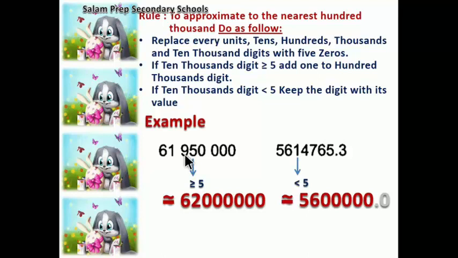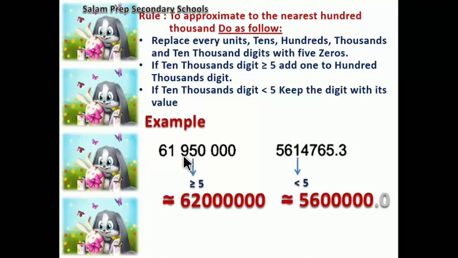Please write 0 in all places before 100,000s. Write 0 in units, 0 in tens, 0 in hundreds, 0 in thousands, 0 in 10,000s. Okay? Now go to the 100,000s place.